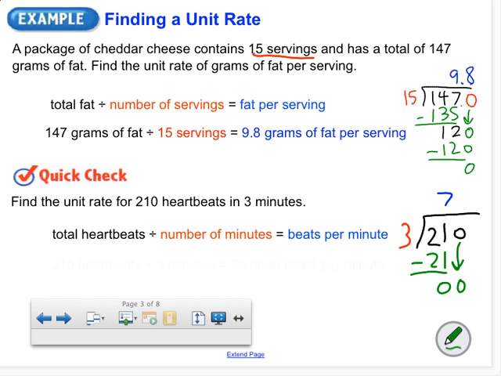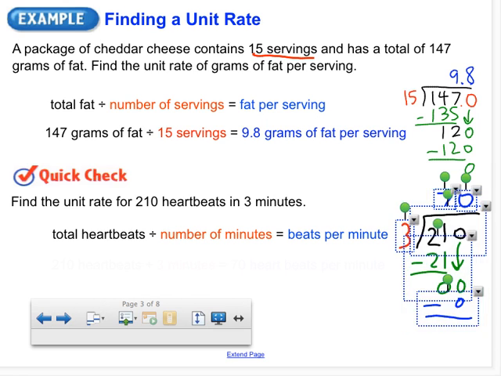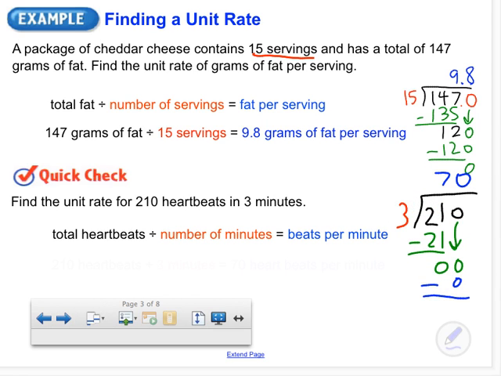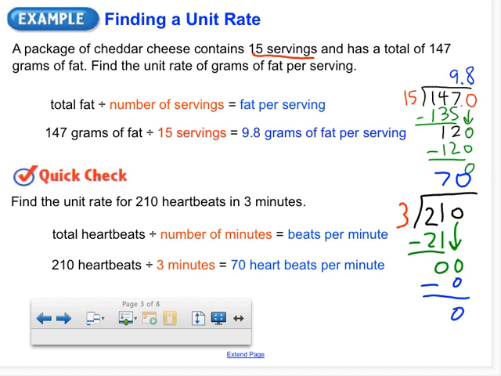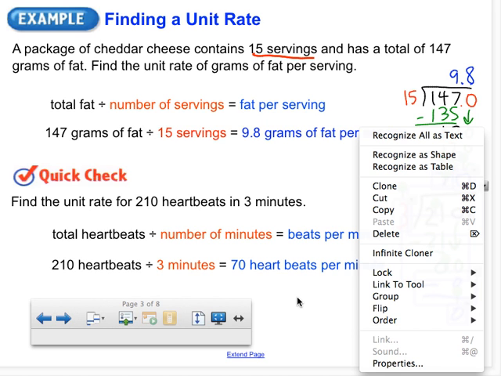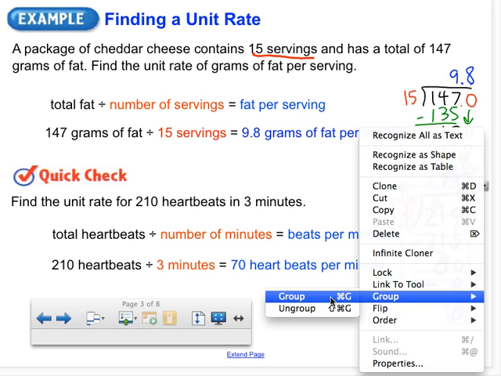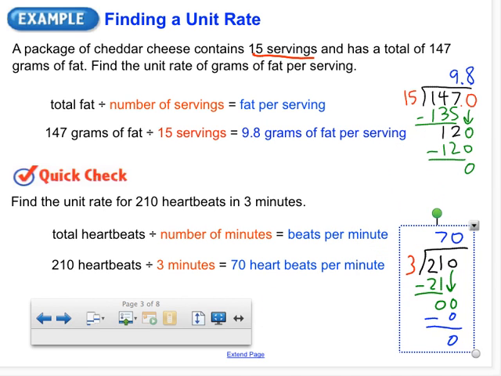Bring my 0 down. 3 goes into 0 0 times. And then we have no remainder. So what we have is 70 beats per minute. Okay, any questions? All right, moving along.